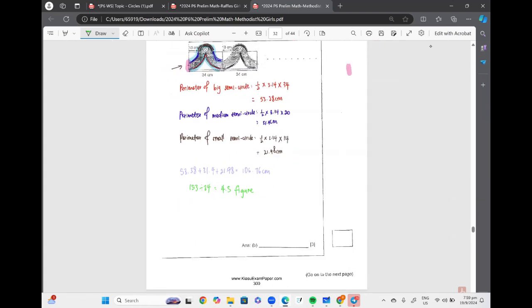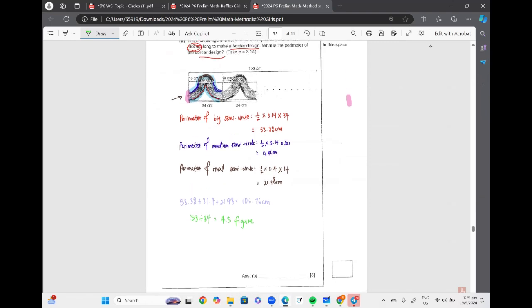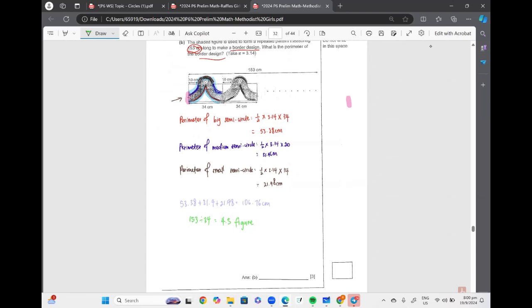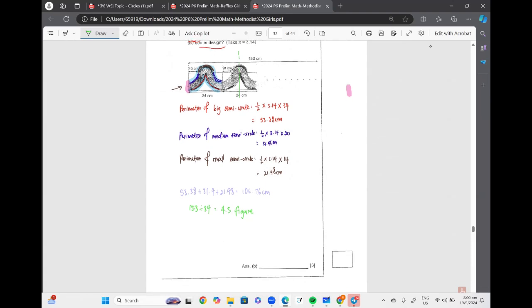So first, you're like, Teacher Ryan, what is 4.5 figures? It means that all the way at the end, the figure will just look like that. Half of it. Okay? So, how would it work? I'll go and find the parameter of 4 figures first.